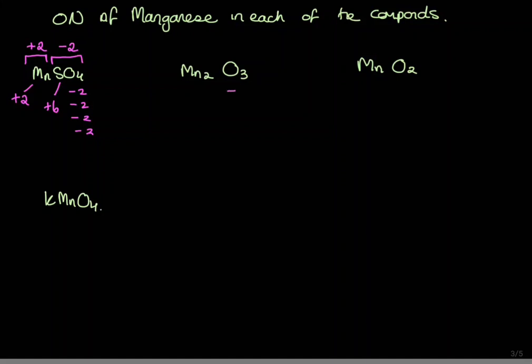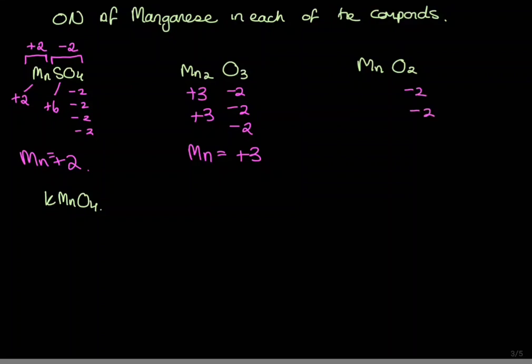Oxygen again, we have 3 of them. And then manganese, we have 2 of them. So both of the manganese need to balance out the 6 minuses on this side. So I'm going to assign a +3 to each of those manganese. So the oxidation number for manganese is +3 here. And over here it was +2.